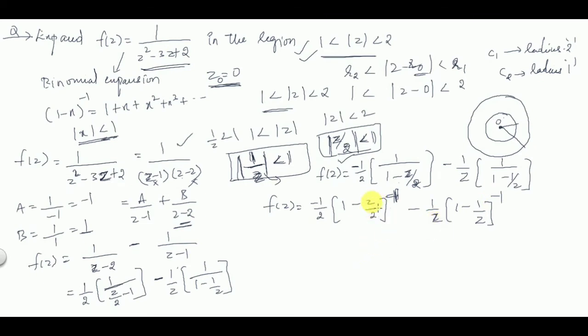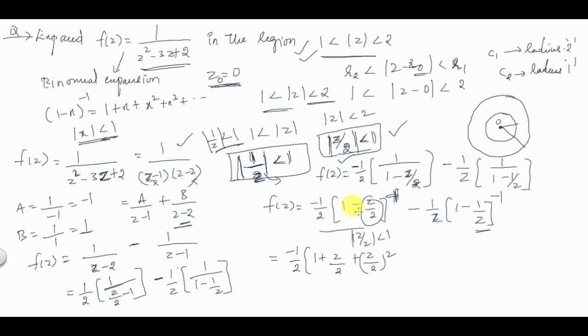Okay, so now this mod z by 2 is less than 1, yes or no? From the given ROC, mod z by 2 is less than 1. So you can apply binomial expansion for this series, and mod 1 by z is also less than 1, so you can apply binomial expansion for this series as well. So minus 1 by 2 into 1 plus z by 2 plus z by 2 whole square.